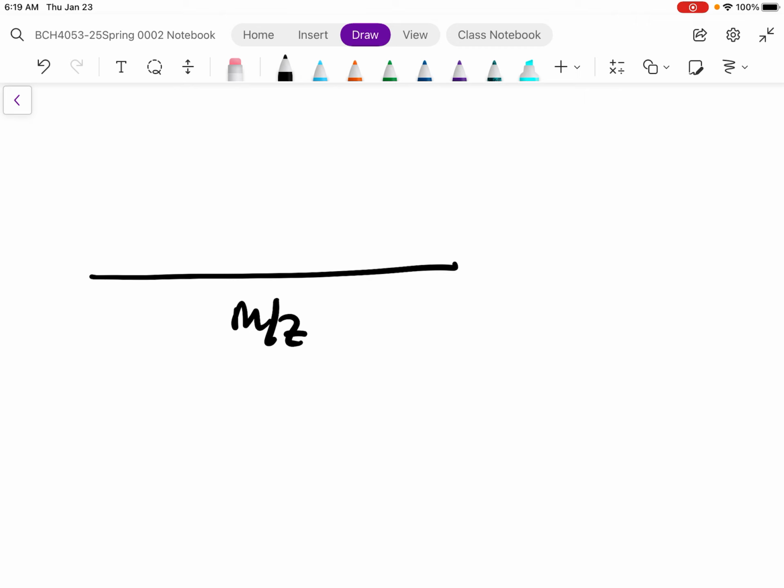So what if I had a peak here and here? Let's say this one has an m over z of 751, and the peak on the left is 601. And that's all we've got. And I ask you, what is the mass of this protein?